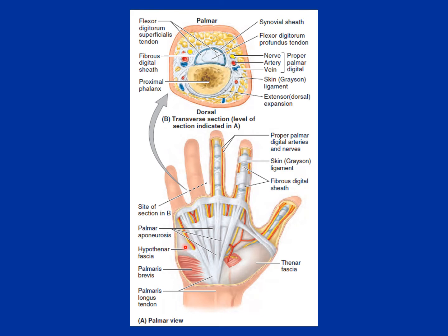The elevations we have already discussed as thenar eminence and hypothenar eminence, and these muscles are covered by a thin layer of fascia which is known as thenar fascia on the lateral side and hypothenar fascia on the medial side. And as these palmar aponeurotic slips are moving forward, they are going toward the bases of the fingers.